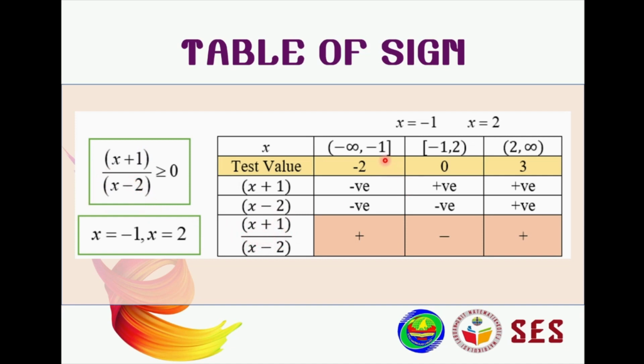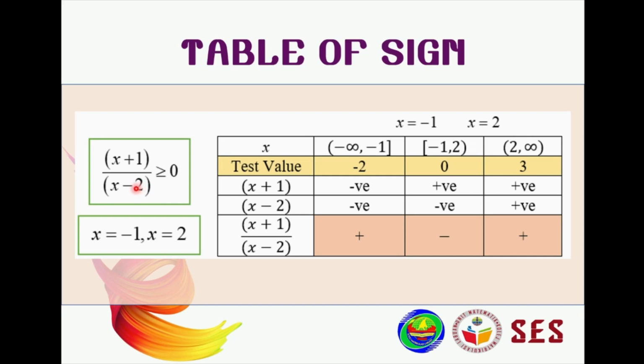Okay, and the same goes for the interval. Why is -1 closed but 2 is an open bracket? Because this is greater than or equal. The inequality has an equal sign, but because this is a fraction, every number that is in the denominator cannot be equal to 0.